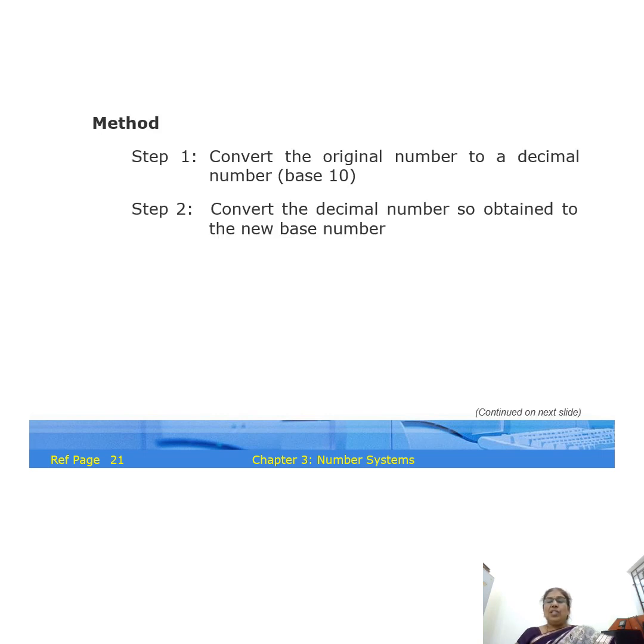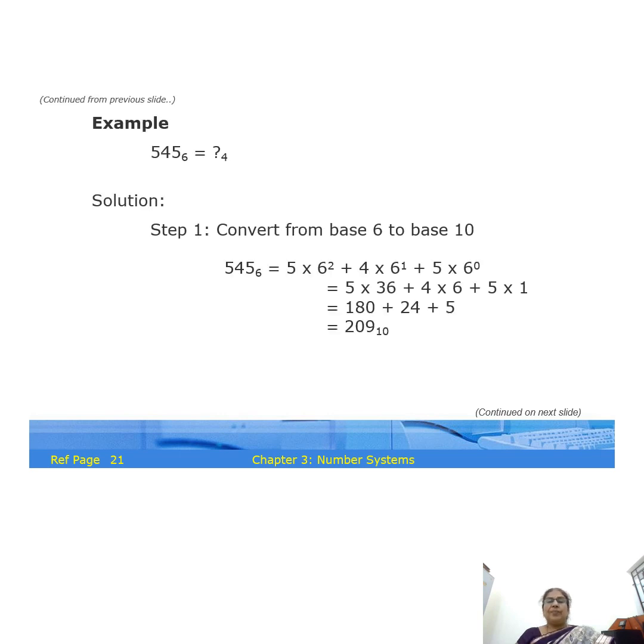Then convert the original number to a decimal number, base 10. Decimal number means base 10. Convert the decimal number so obtained to a new base number. Here we discuss 545 base 6.